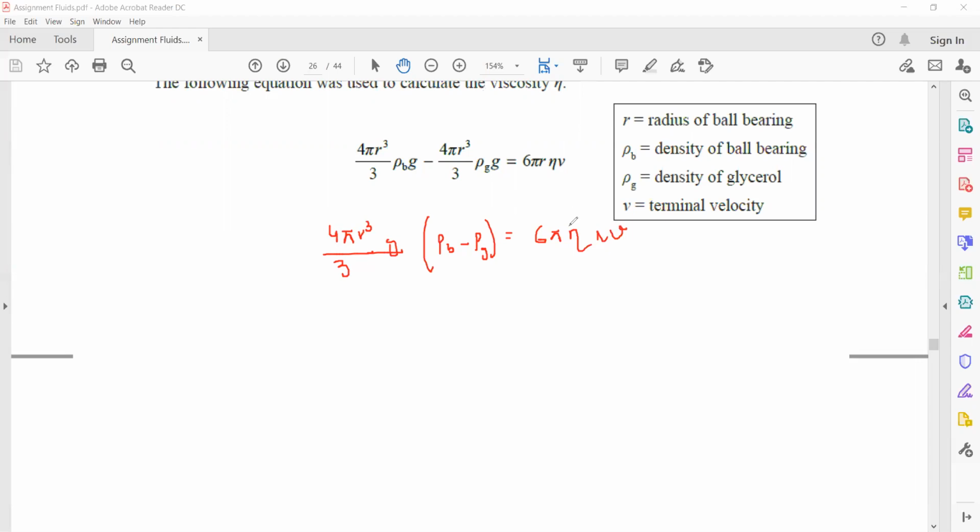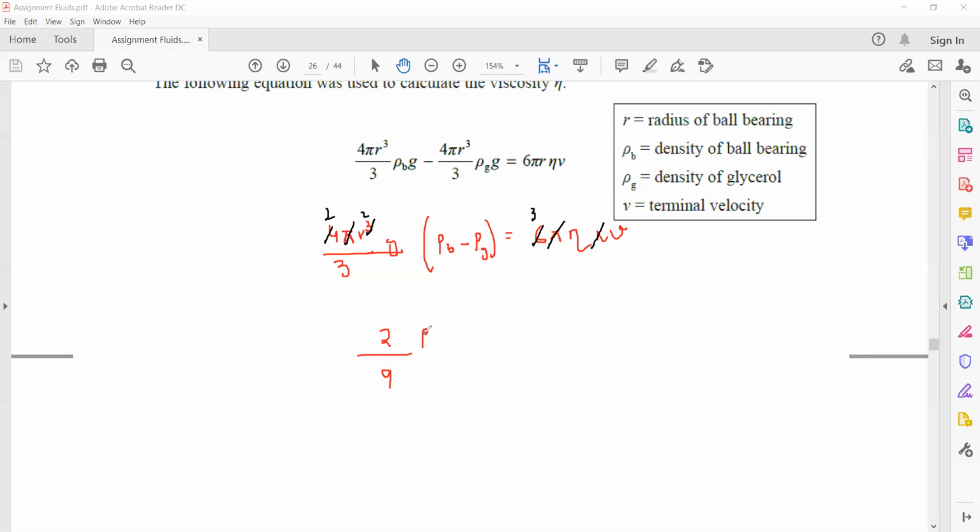Now we cancel this out. Pi will cancel with pi. 2 multiplied by 3 and 2 multiplied by 2. And r will cancel with r cube, so we are left with r square. So when we solve this equation, 2 by 3, and 3 multiplied by 3 is 9.